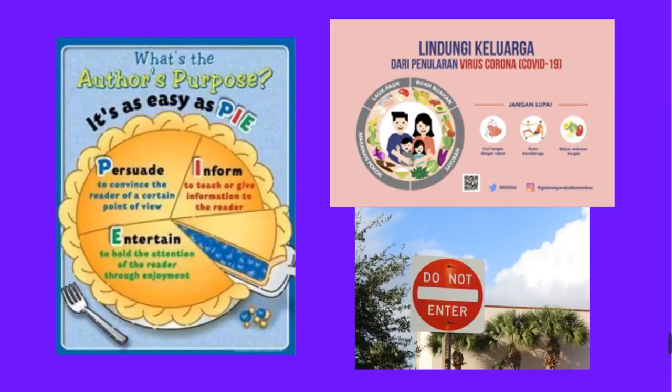What is PIE? It is to persuade, to inform, or to entertain. This is the general purpose of writing a text. To persuade means to convince the reader of a certain point of view, to inform is to teach or give information to the reader, and to entertain is to hold the attention of the reader through enjoyment.